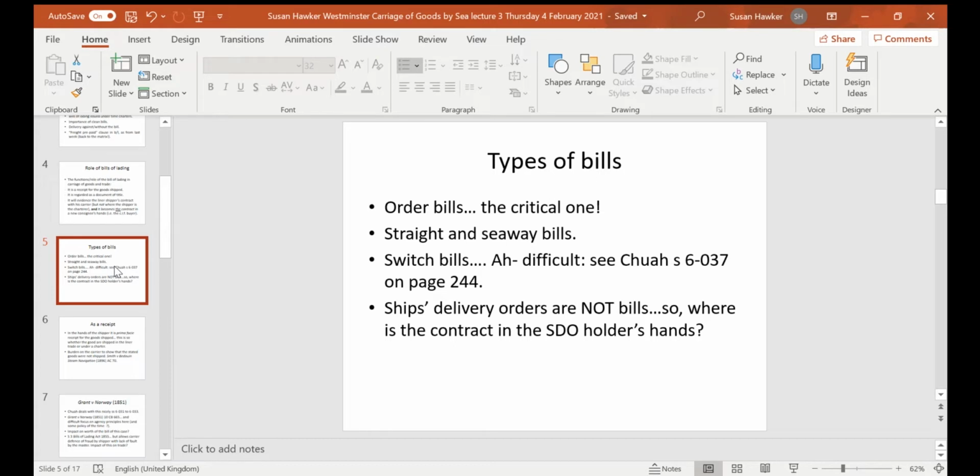And that is because it allows the carrier and the shipper and the consignee to decide after the goods are shipped where the goods may be going to, because the shipper may not have actually designated the port. He may have put one in a safe range, New York, East Coast US, for example.